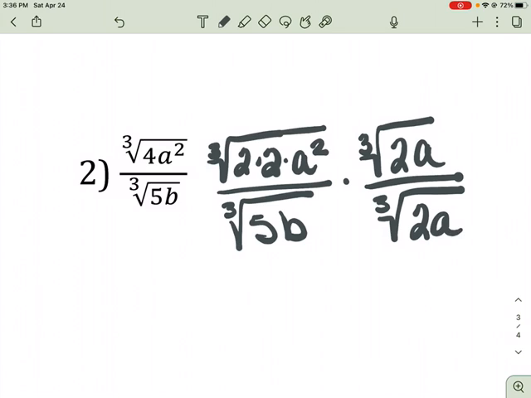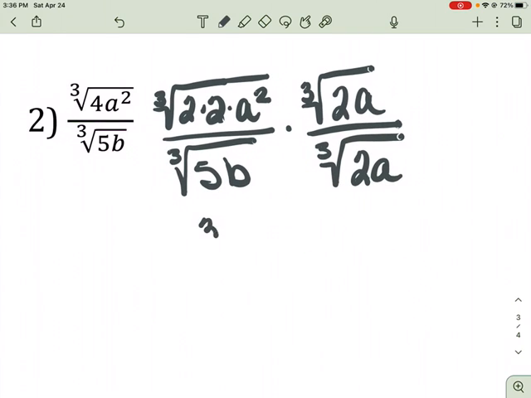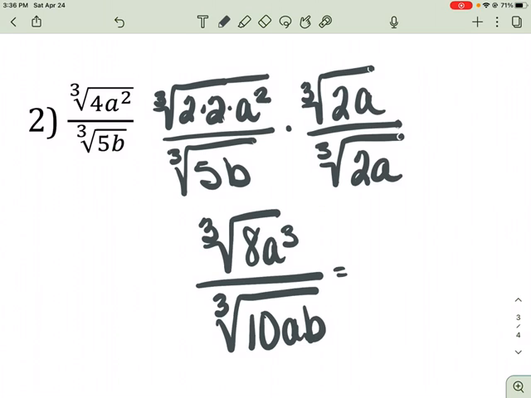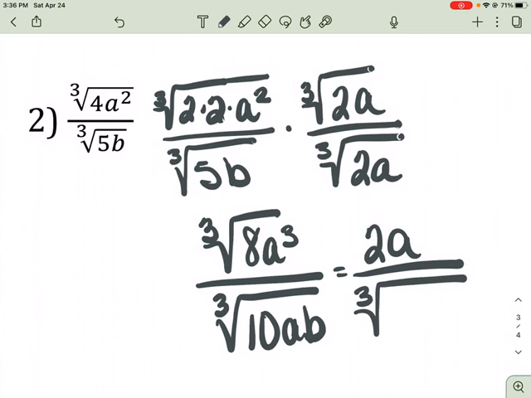Okay, so let's multiply straight across. So we're going to get the cube root of 8a cubed all over the cube root of 10ab. Okay, cube root of 8a cubed is 2a. Denominator, cube root of 10ab.